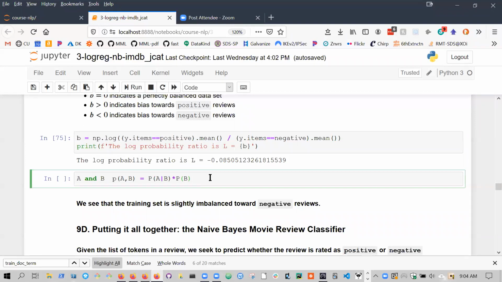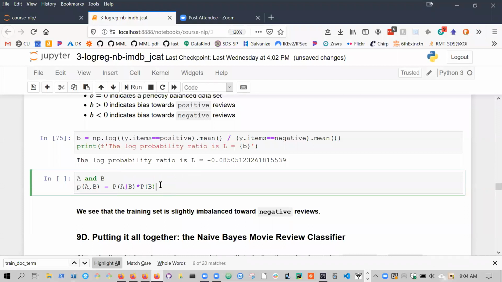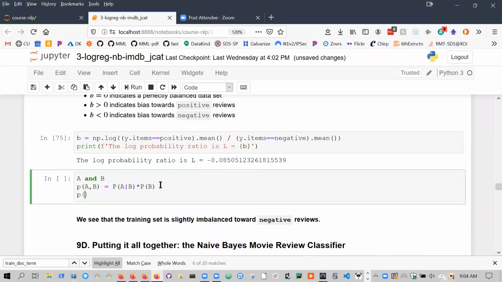Similarly, you can write the probability of A and B in another way. I'll stick to capital P's for probability.